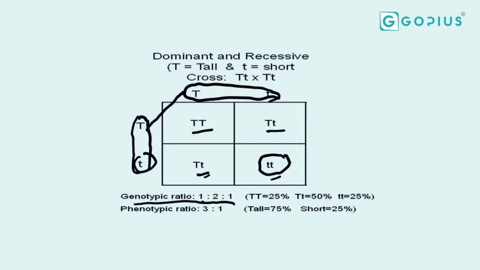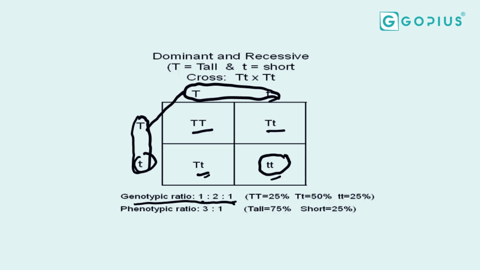This is heterozygous gene for tallness, and we have two of them. Hence, the two that you have here. Then the last one is the only one that is available, which is recessive gene for shortness. And that's why we have just one here. So that is the genotypic ratio. Whenever you're asked about genotypic ratio, that is how it's being calculated.